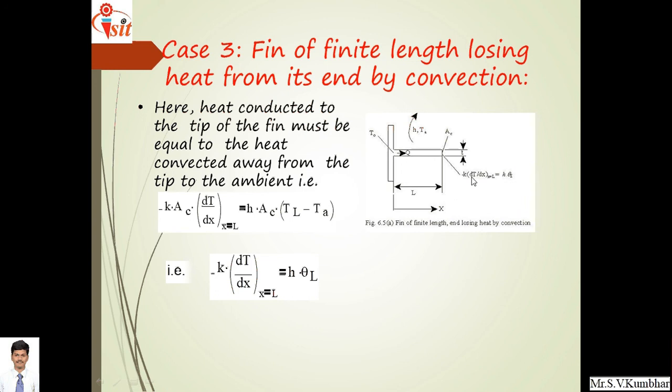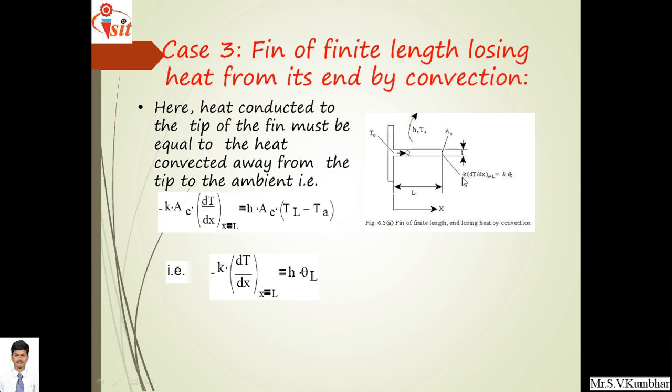So q conduction is equal to q convection at this end, that is minus k dT/dx at x equal to L is equal to h theta L, as cross sectional area is the same for both. A is cancelled here. So heat conducted to the tip of the fin must be equal to the heat convected away from the tip to ambient temperature, that is at the tip.